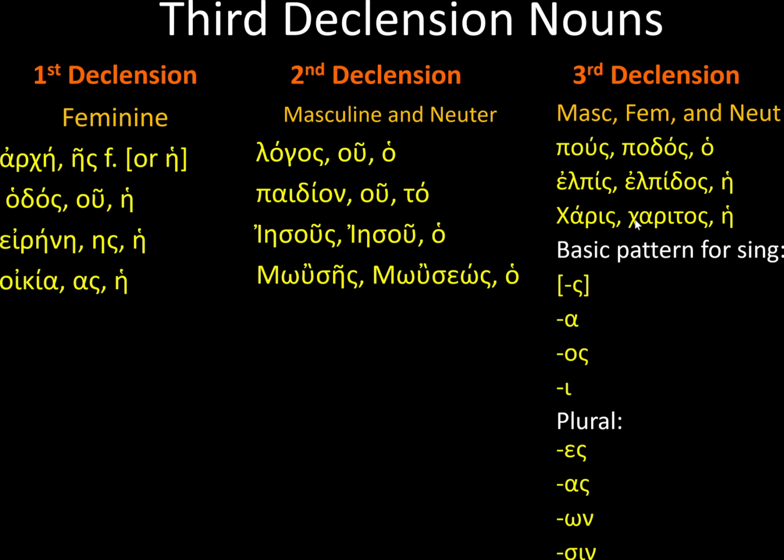for example, the masculine noun, ho. Notice the article never changes, even if it's in the second declension. And the feminine article, he, there's only one feminine article, he, and there's only one masculine article, ho, and only one neuter article, to.